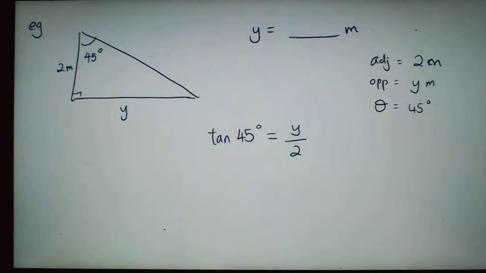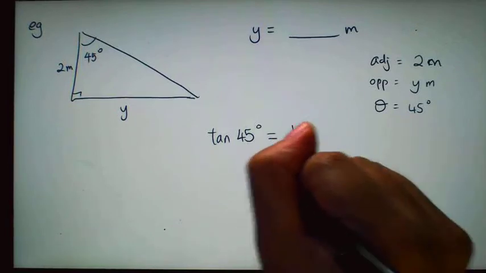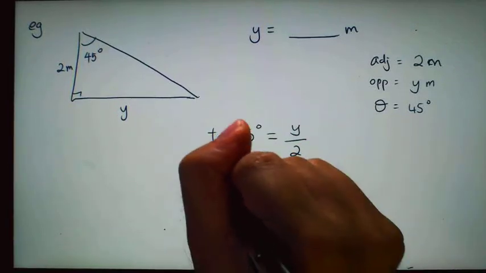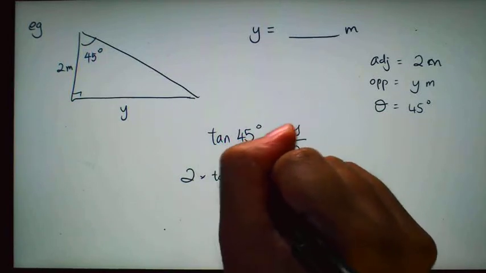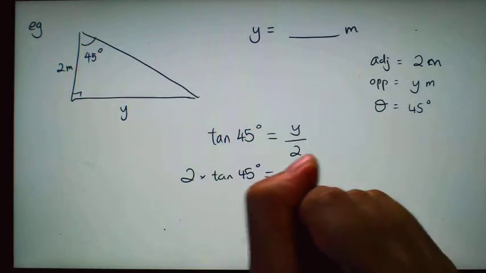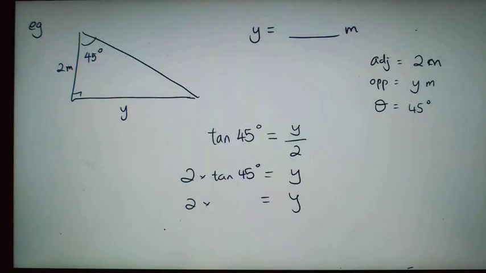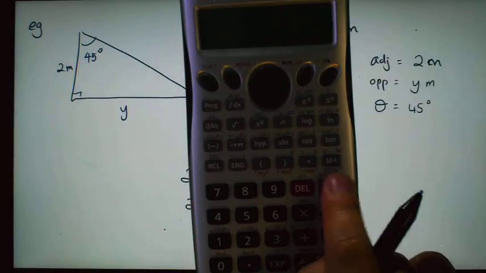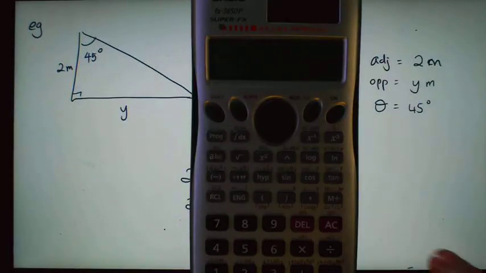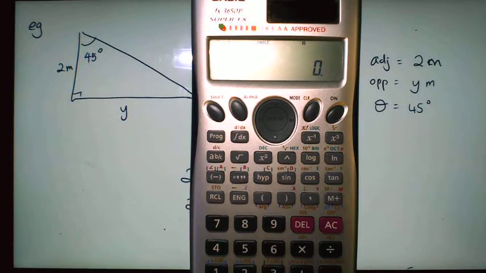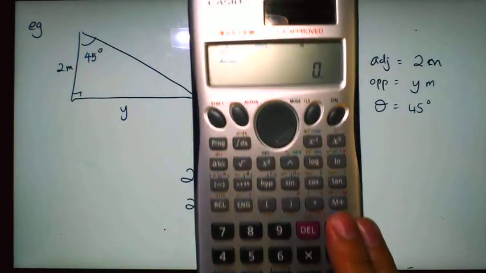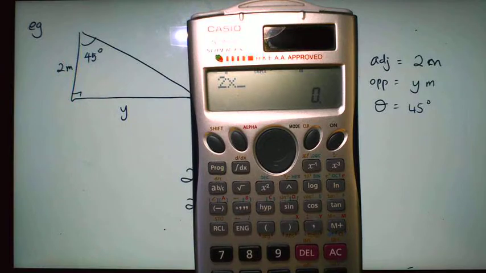Alright? Okay, so again, doing the algebra stuff, y equals 2 multiply tangent 45 degrees. So y equals 2 times 2 multiply tangent 45.